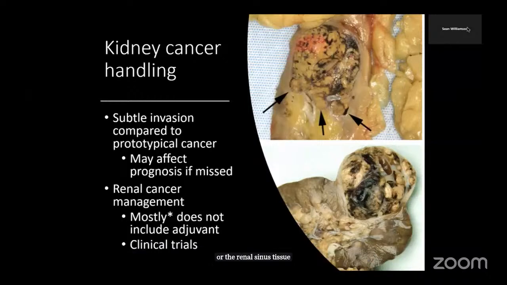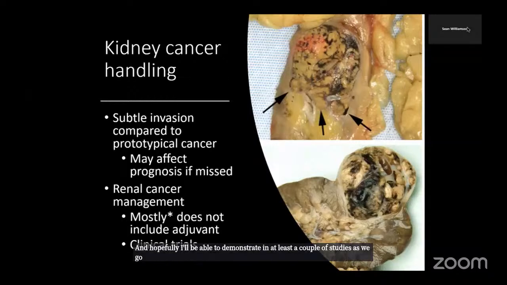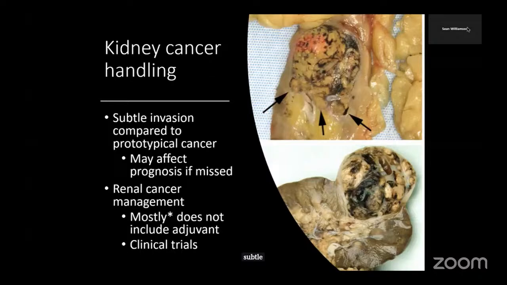And so I think this can be somewhat counterintuitive for the pathologist who is not specifically interested in kidney tumors or GU pathology. And hopefully I'll be able to demonstrate in at least a couple of studies as we go along today that there is an importance for prognosis if these subtle invasion goes undetected.